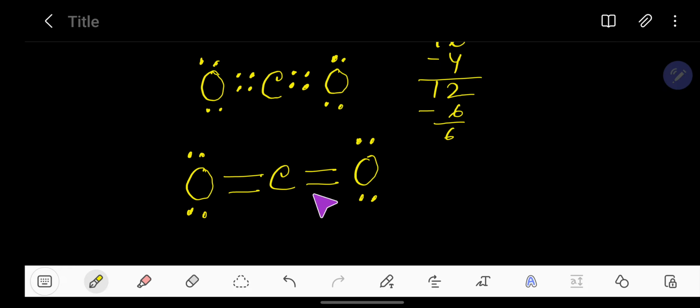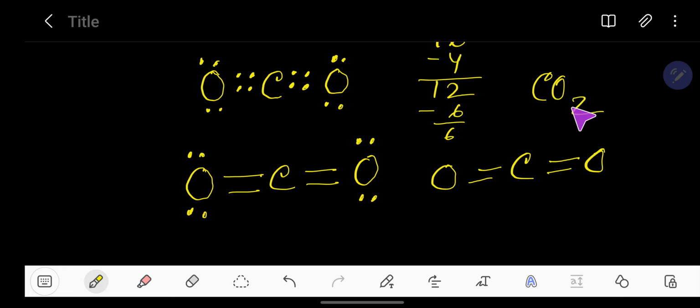So what is the structural formula of CO2? In the structural formula of CO2 or carbon dioxide, usually we don't use lone pairs. This is the structural formula, and this is the molecular formula. In structural formula we don't use lone pairs as dots, but this is the electron dot structure.